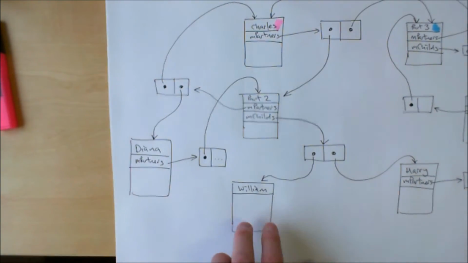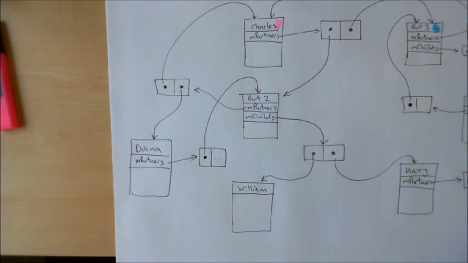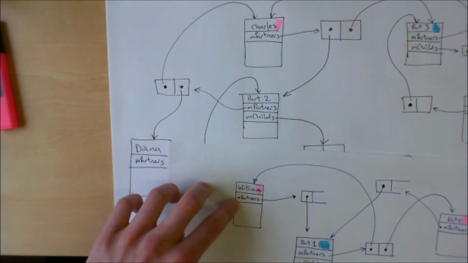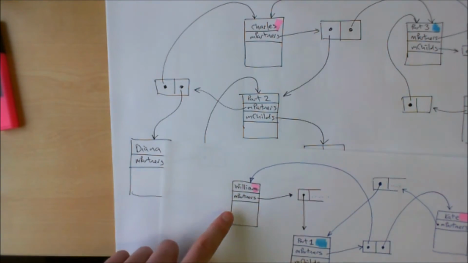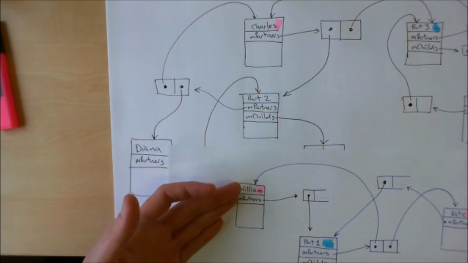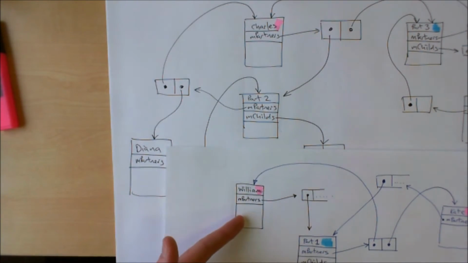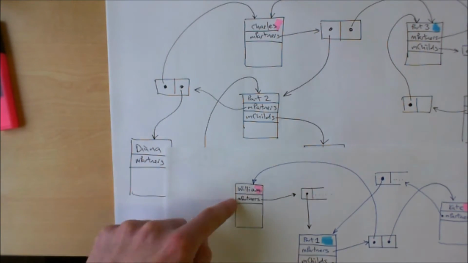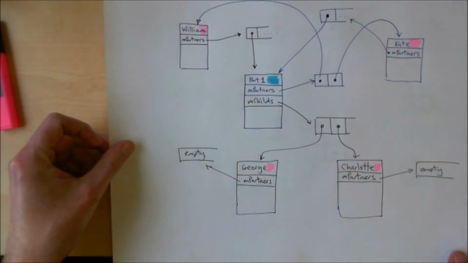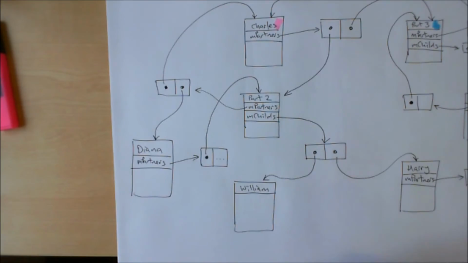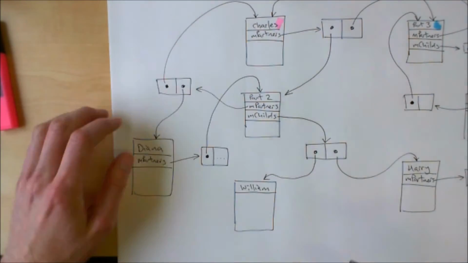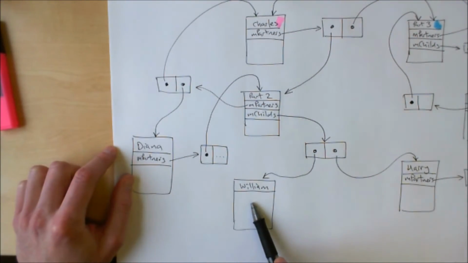I'm not going to fill in William stuff because if we refer back to our previous version, that is that William, and that's how it links into the rest of that branch. There isn't anything special about William in this. He's just another node in the tree. When we start off, the first tree that gets handed out is just William as the top node, and it's his family tree. But if we go further up the tree, Charles, as the top node of that particular tree, includes William in it.